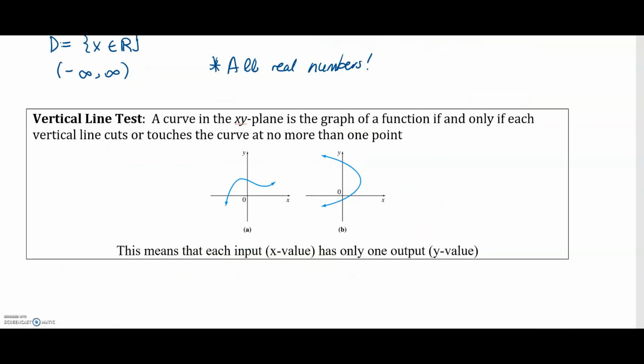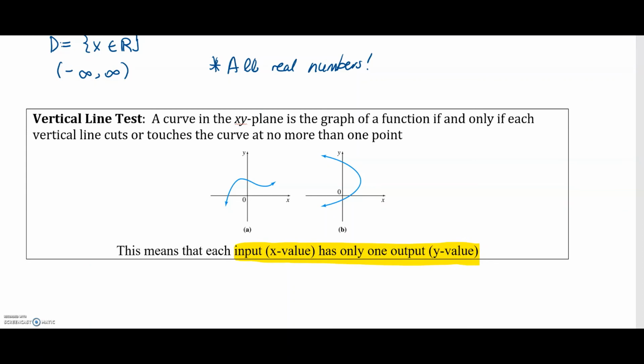Given a graph in the xy plane, if you want to determine whether or not the graph is a function, we're able to use a vertical line test. By definition, every input, so every x value, only produces a single output value. And so we can only have one y value for each value of x.